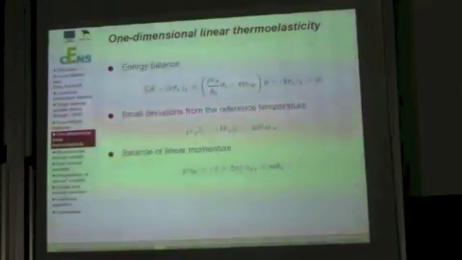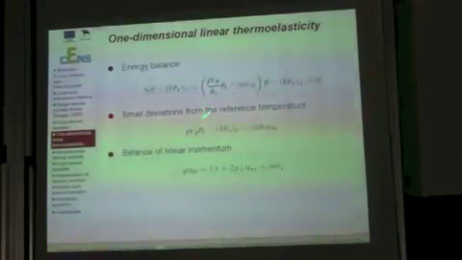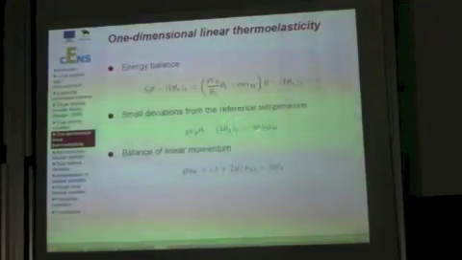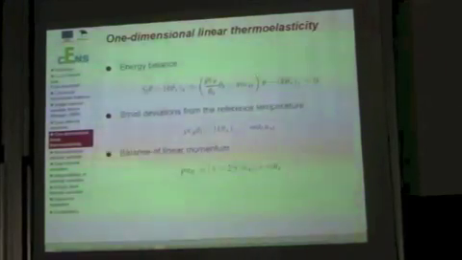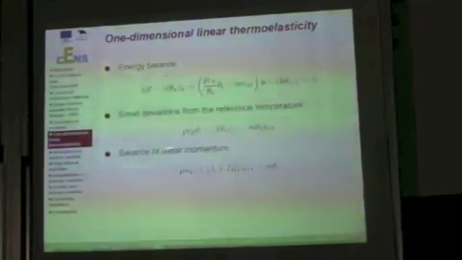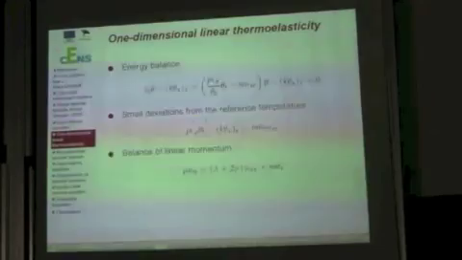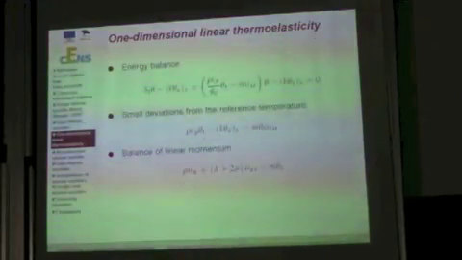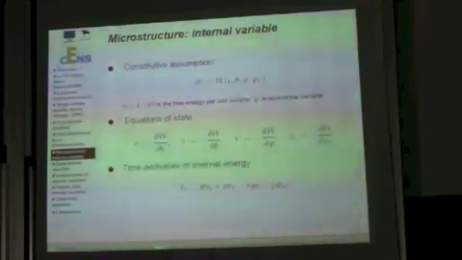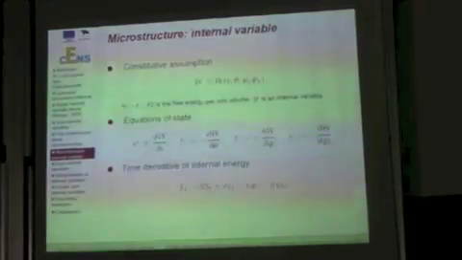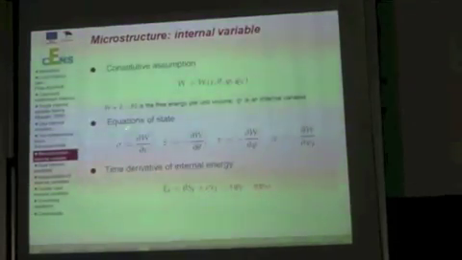So we go to the energy balance, and for small deviations from the reference temperature, theta 0, we obtain the energy balance in this case, and these two equations fully determine one-dimensional linear elasticity without microstructure, of course. So, to include the microstructure, we first introduce the single internal variable theory.